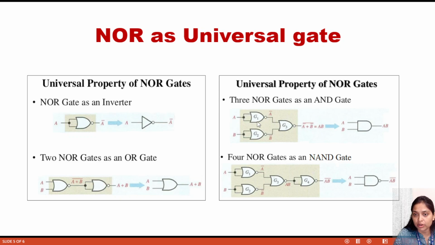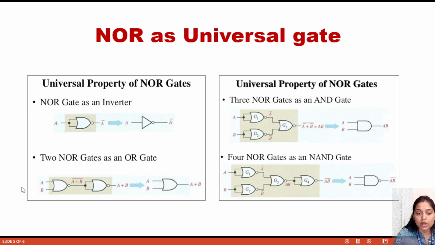G1 is actually a NOT gate, represented using a NOR gate. B is also passed through a NOT gate, and then it will come out as B bar. Finally, these two, A bar and B bar, are the inputs of another NOR gate, G3, and it will give A bar plus B bar whole bar.